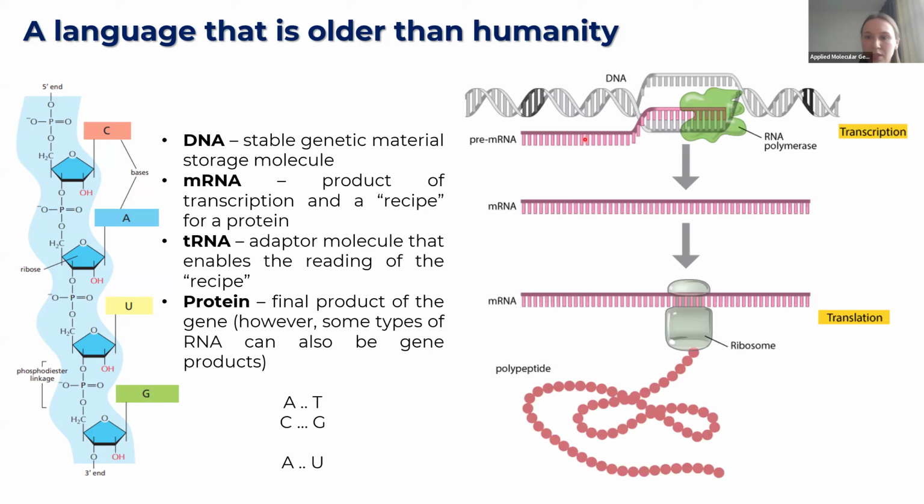DNA specifies the sequence of amino acids in protein, and when the cell needs this protein, a small part of DNA is transcribed, so it is written in RNA language, and then this small piece of RNA is translated, so the protein is made. And today we will focus on the ribosomes.